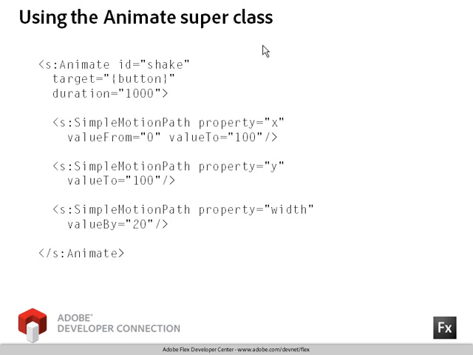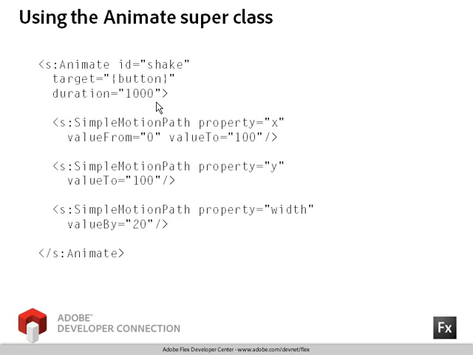This code shows that you give the Animate instance an ID property value to control the animation with ActionScript. Then you define the ID of the object that you want to animate using the target property and binding syntax. Remember that the definition of an animation is the change in a property over time. You define the amount of time for the animation using the duration property, which by default is 1000 milliseconds.